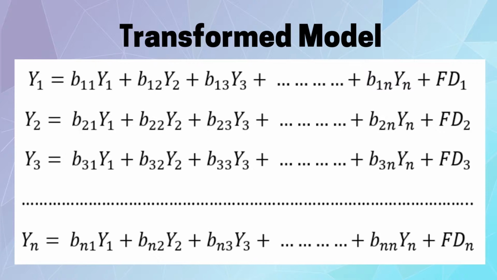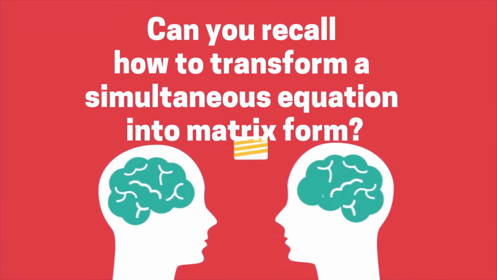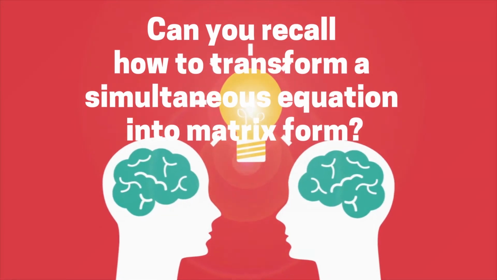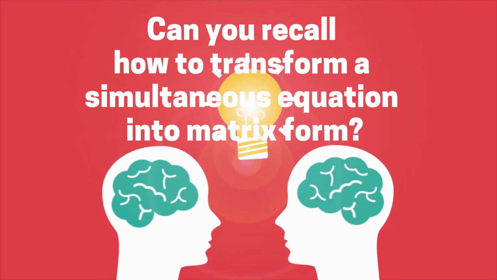This is a system of simultaneous equations. To solve these simultaneous equations, we transform them into matrix form. Can you recall how to transform a simultaneous equation into matrix form? I am sure you got that right.